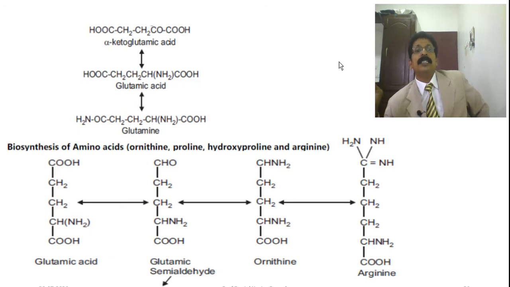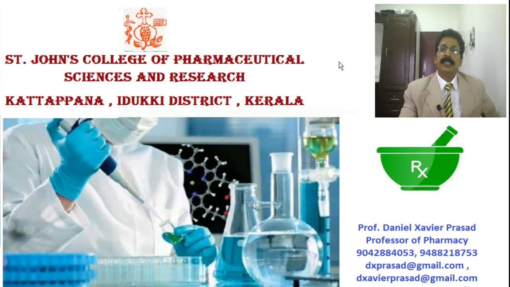You see that alpha ketoglutaric acid is converted into glutamic acid. Glutamic acid can be converted into glutamine. And here glutamic acid can be converted into glutamic semialdehyde, and it can be converted into ornithine, and then into arginine. And proline 5-carboxylic acid is converted into proline and hydroxyproline. These are some of the products which can be obtained from this area.